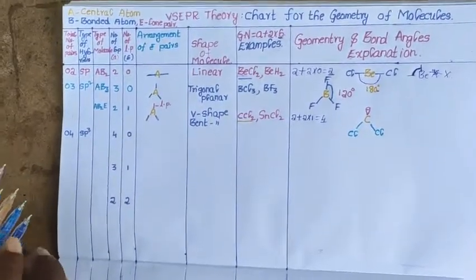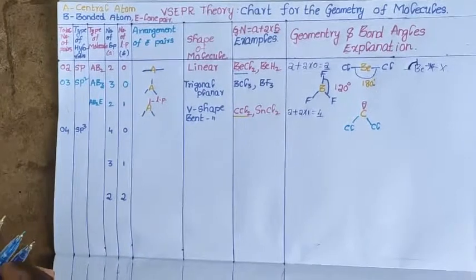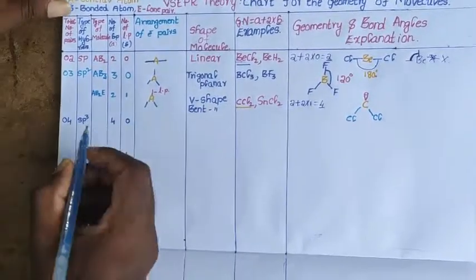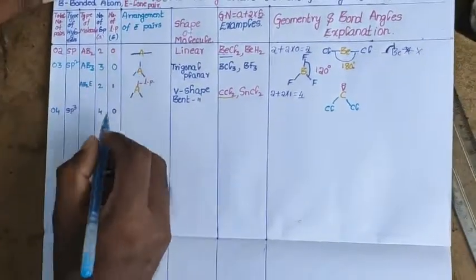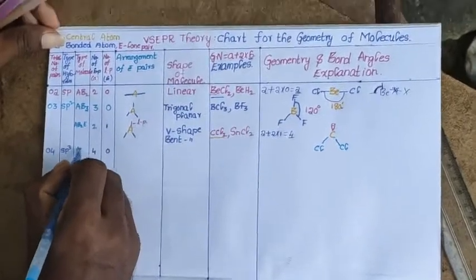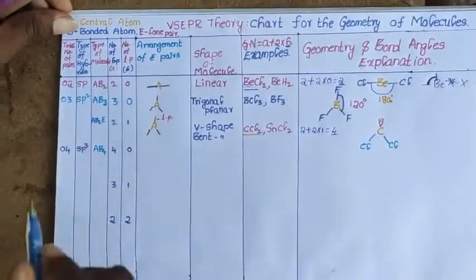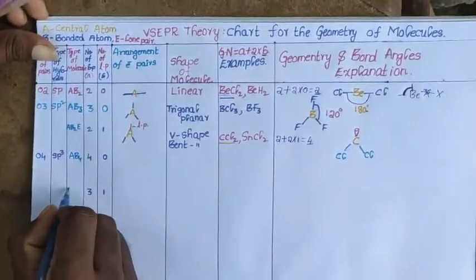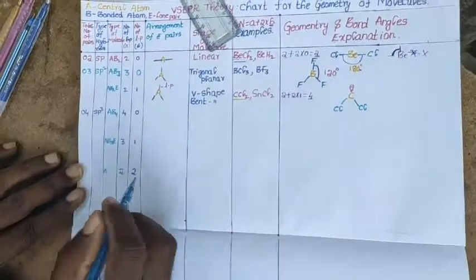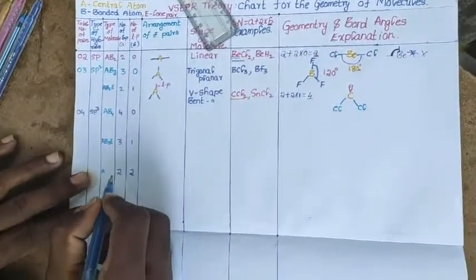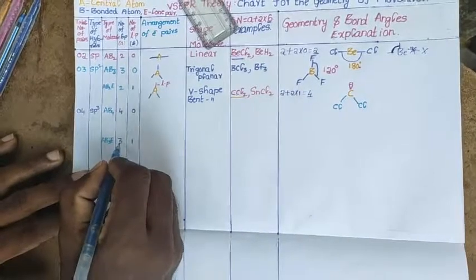Now I will write the type of molecules. B means bond pairs, total 4, so AB4 is the type. Then AB3E for 3 and 1.